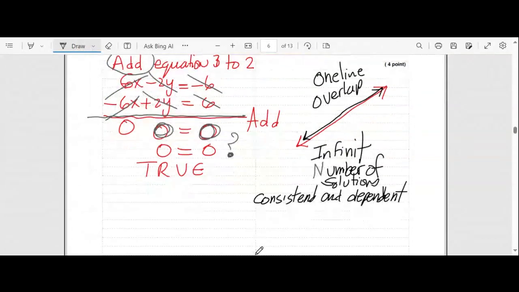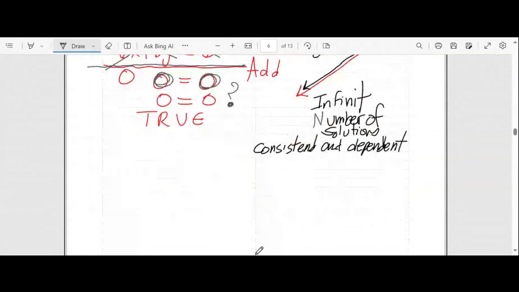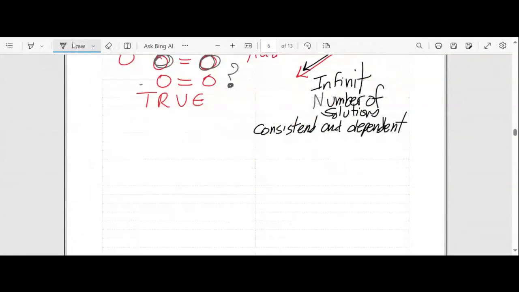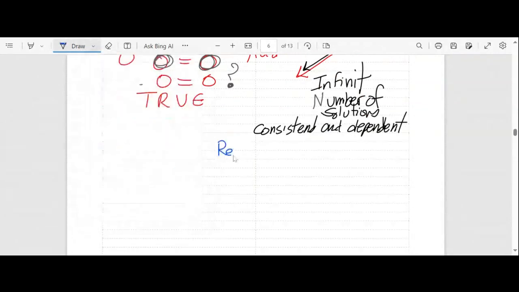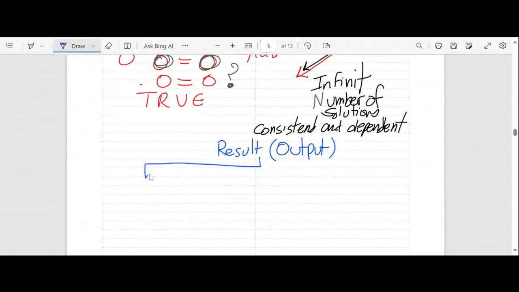How did I know that? I'll show you the output. When you look for something like this, usually the output, or the results, sometimes I call it output, okay? You have 3 results. Result number 1 is intersect.